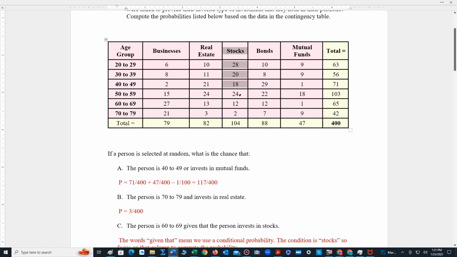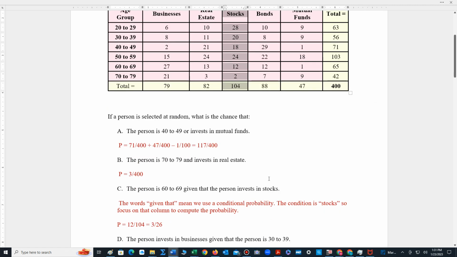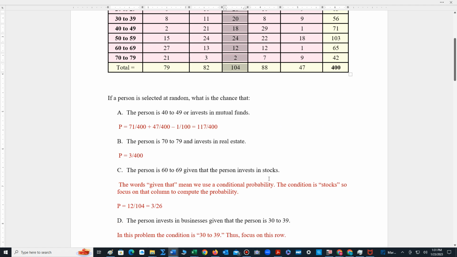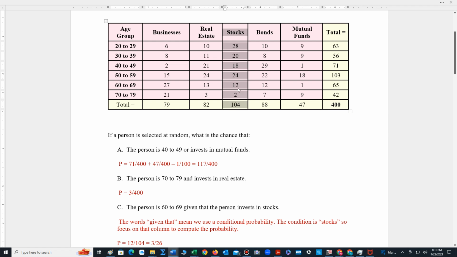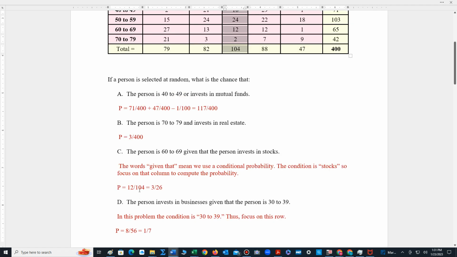So in other words, we only focus on this one column involving stocks. And in that column, how many people are aged 60 to 69? 12 out of 104. So 12 out of 104 reduces to 3 out of 26.